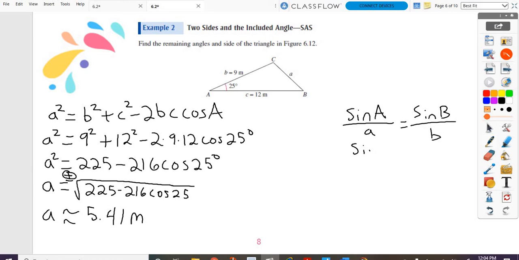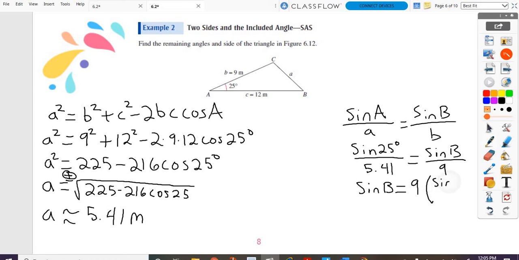So we have sine of 25 degrees divided by 5.41 equals sine of big B divided by 9. So we would multiply both sides by 9.